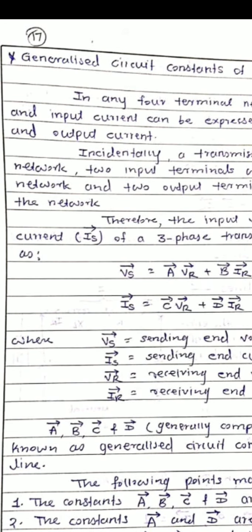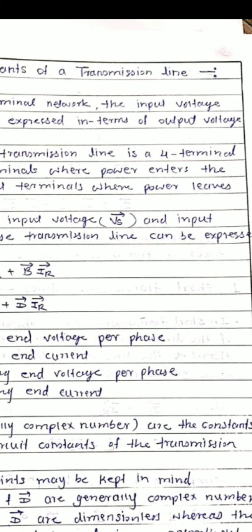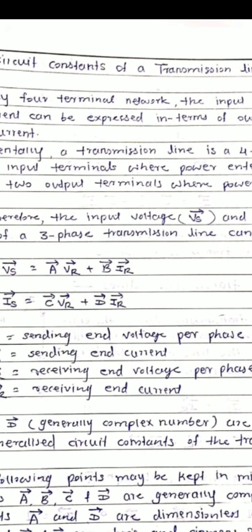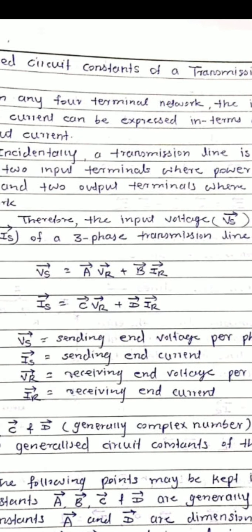Generalized circuit constants of a transmission line. In any four terminal network, the input voltage and input current can be expressed in terms of output voltage and output current.